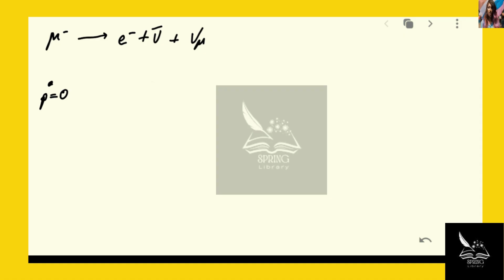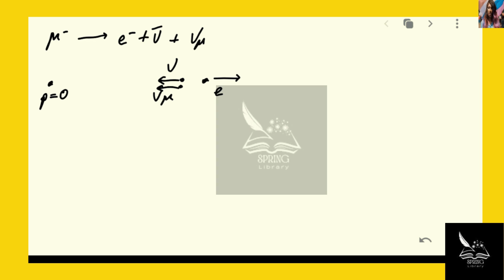So the electron must be moving directly opposite to both of the neutrinos, in order to obtain the highest possible momentum without breaking the momentum conservation law.